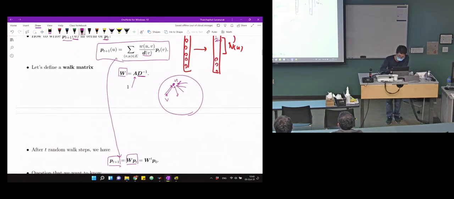For each node v you divide by its degree, and then you multiply by A, really. Does it make sense? A is an adjacency matrix.